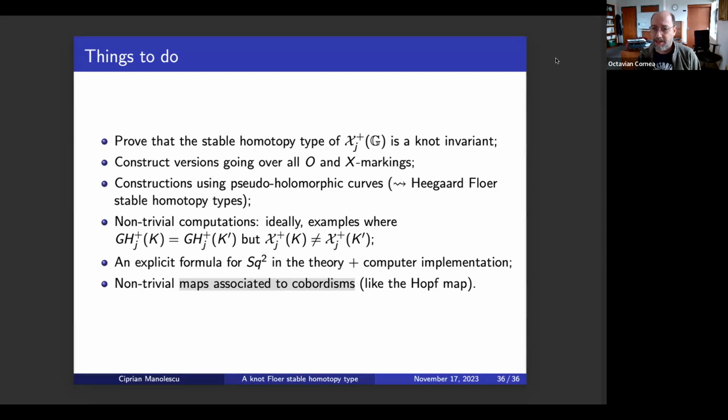Then you can try to implement exactly this, and ask whether you really have framings, or whether the framings are only defined in a stable way. That's a different question, but in principle, yes.